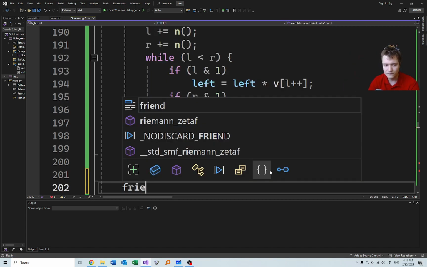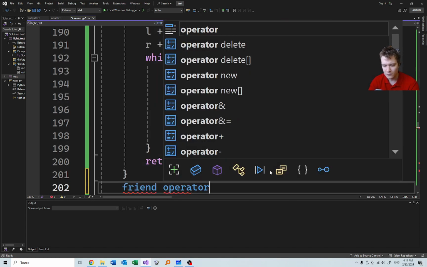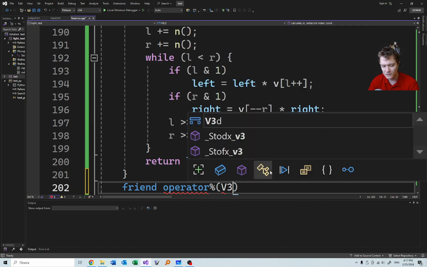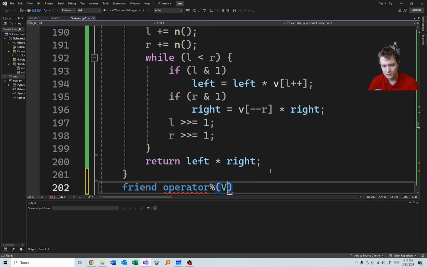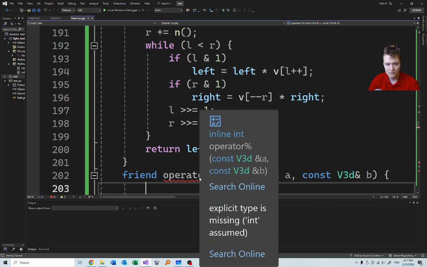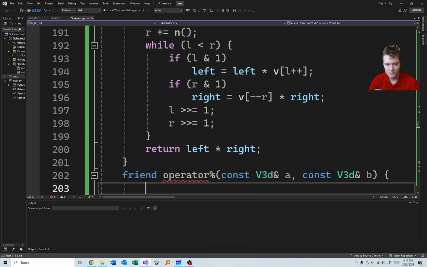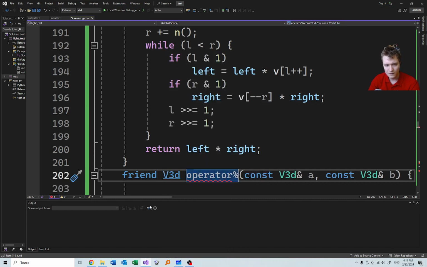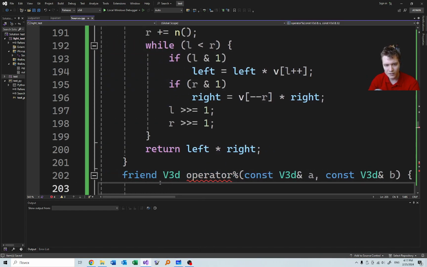Yeah. So friend v3d operator percent v3d a, v3d b. This is kind of easy to calculate.